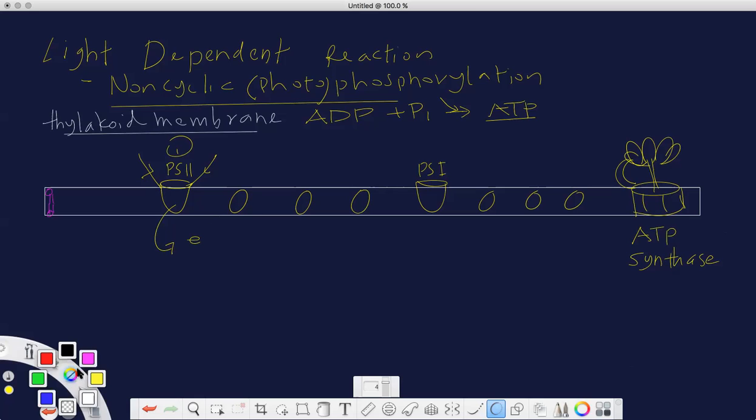Now when the electron is released, I represent a yellow circle here to show this electron has energy, because the sunlight energy is now transferred to the electrons. As we know, energy cannot be destroyed or created, we can only transfer it. So energy is transferred to electrons.